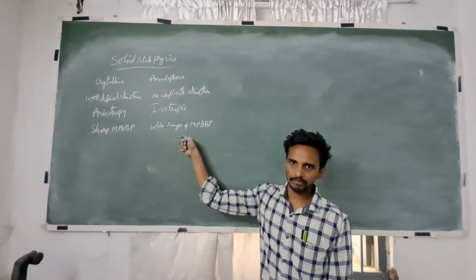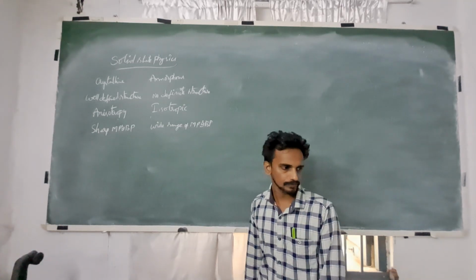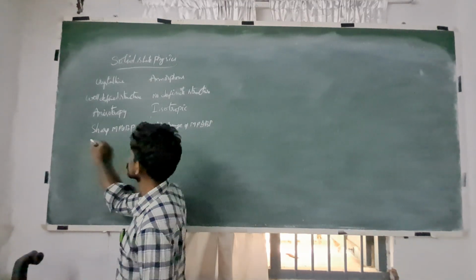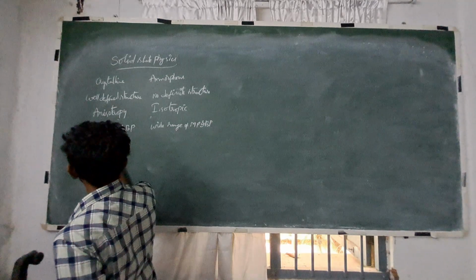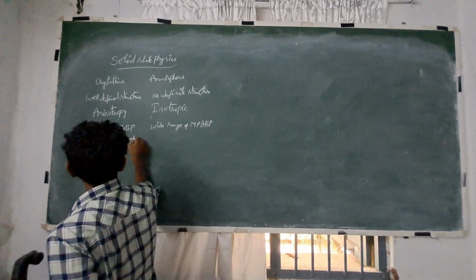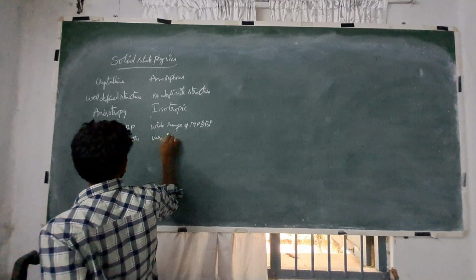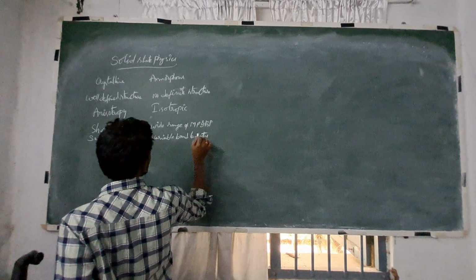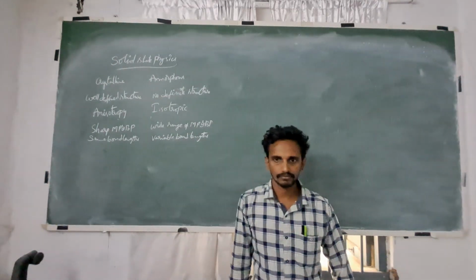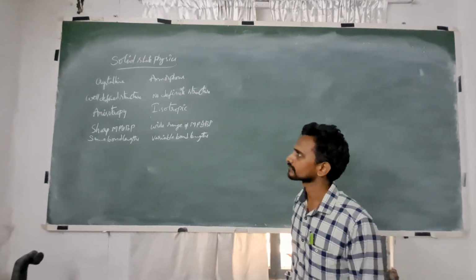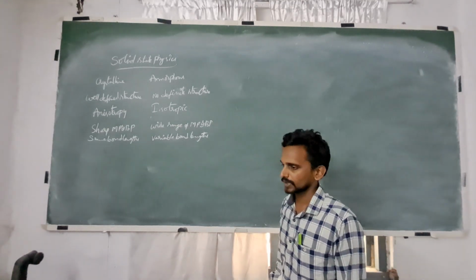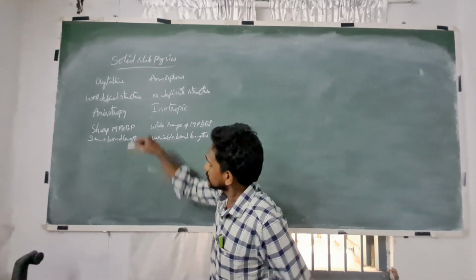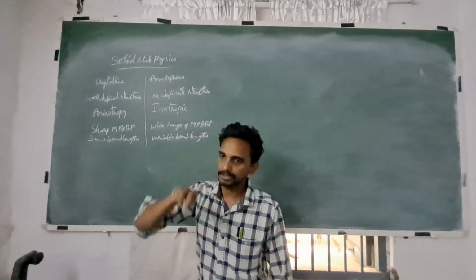Here the bond lengths may not be fixed, bond strengths may not be fixed. These are the basic differences between crystalline and amorphous materials.